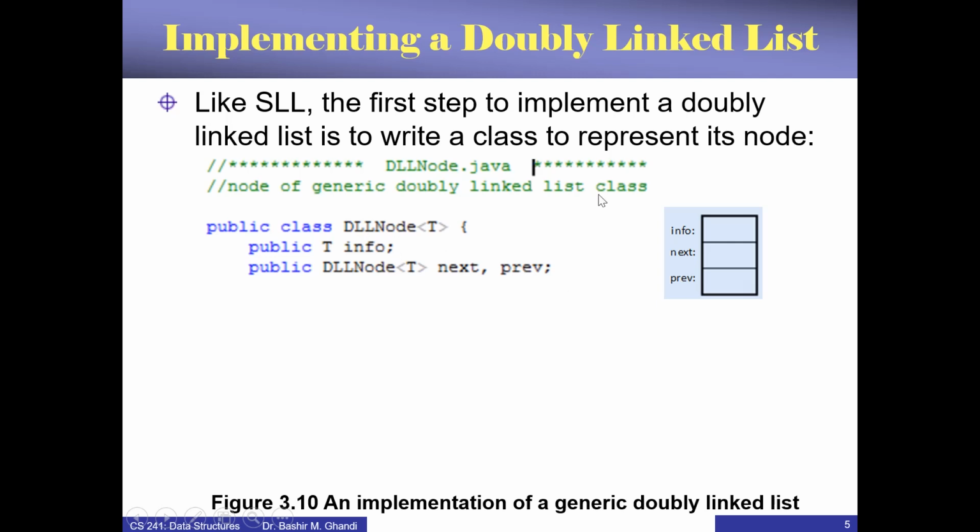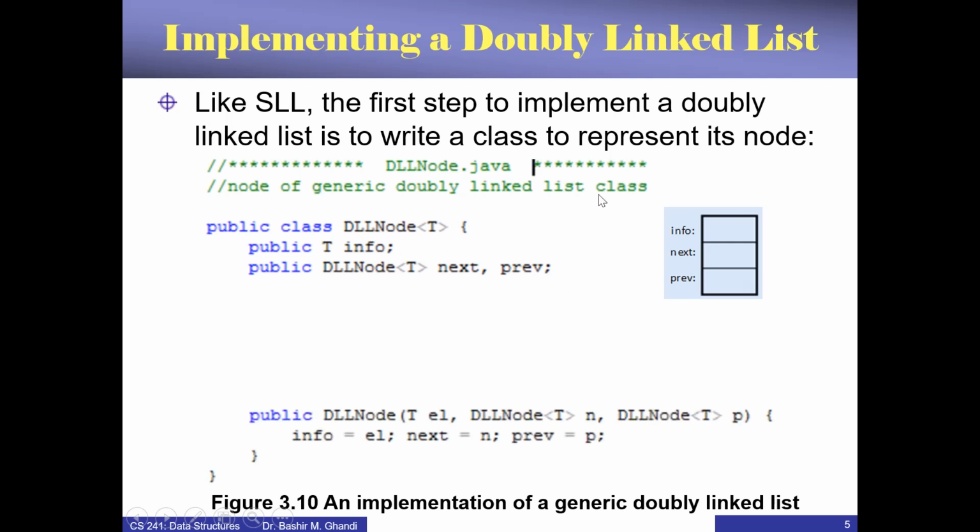Okay, what about the constructors? Again, we will start with the last constructor, which is the main one. Here, the assumption is we're going to receive arguments for all the three variables. So as you can see, we receive element of type T, n of type DLL node, and p of type DLL node.